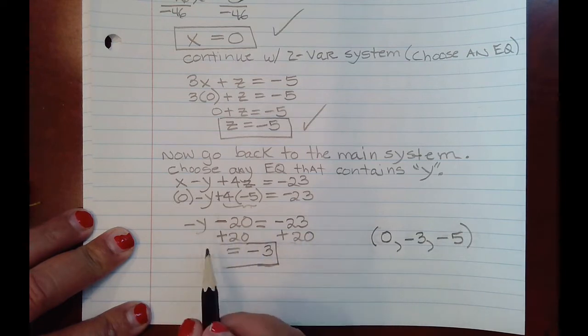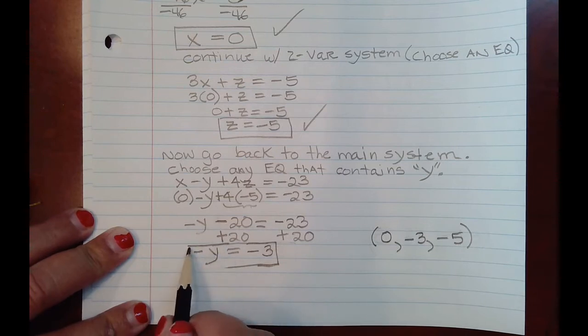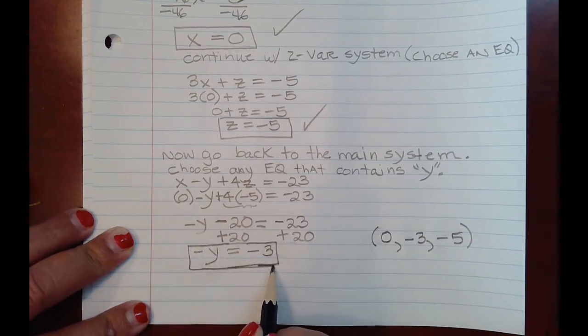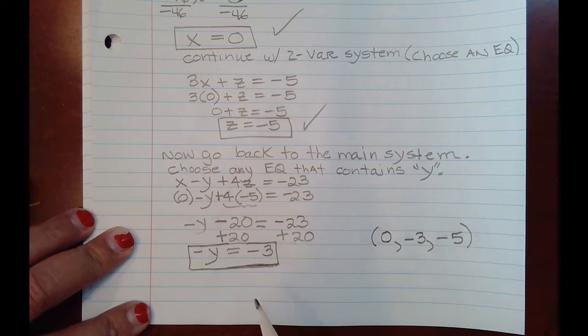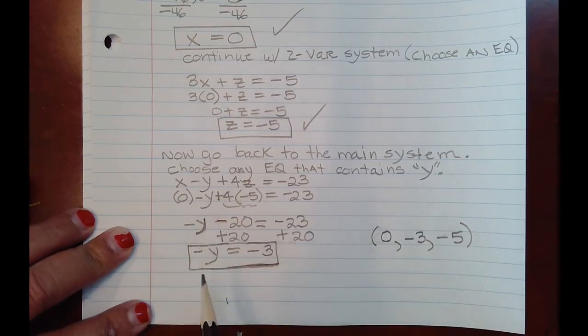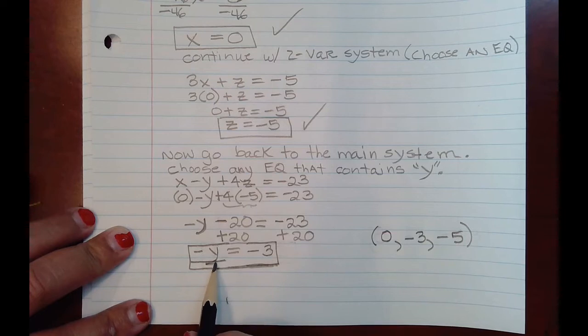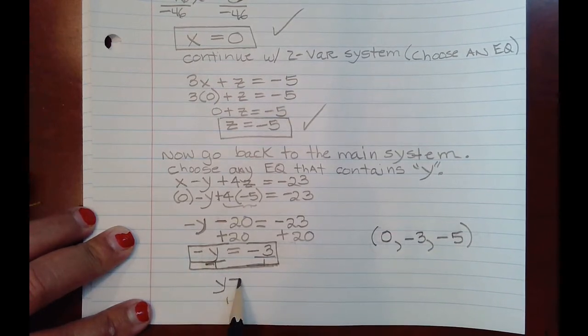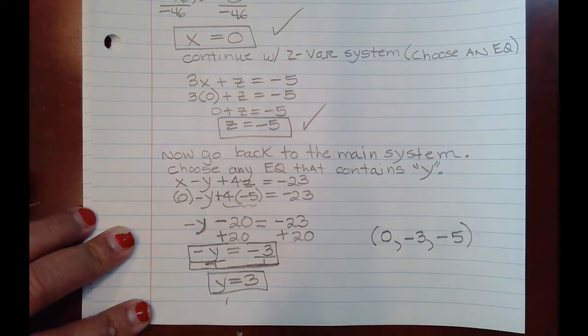Okay, so this was negative y. Okay, so now I've copied everything right. This was negative 20. There was a negative in front of the y. So divide by negative 1 to get rid of that coefficient. Divide by negative 1, and you get y is equal to 3.